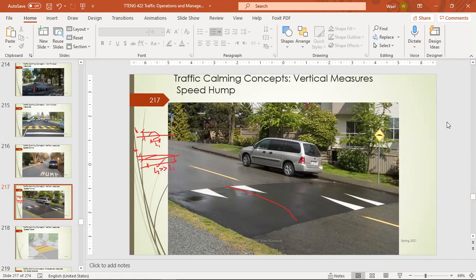This one is smooth for vehicles, and especially for those sports vehicles, because they are low to the ground. So with the speed bump, they might scratch the base of the car.